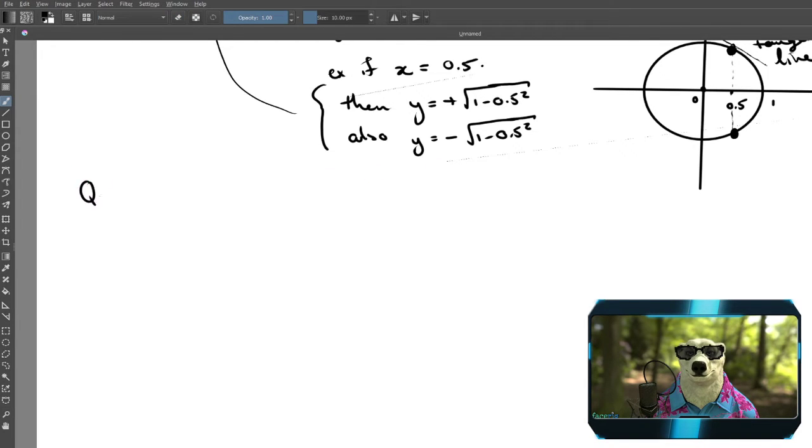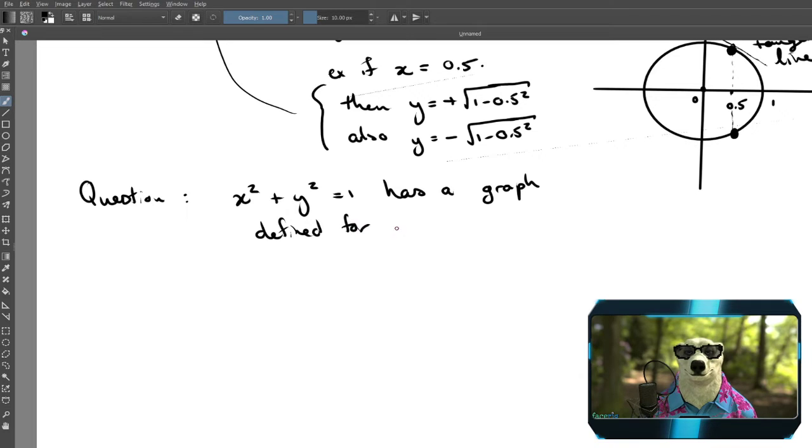So if we have a question, I know that x squared plus y squared equals 1 has a graph. This equation, rather than calling it a function, it's not a function, is defined for x going from -1 to 1. That means that there are points on the graph for all these x values, like at 0.5, for example.